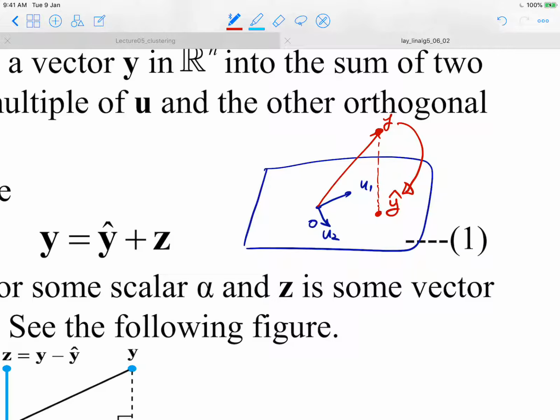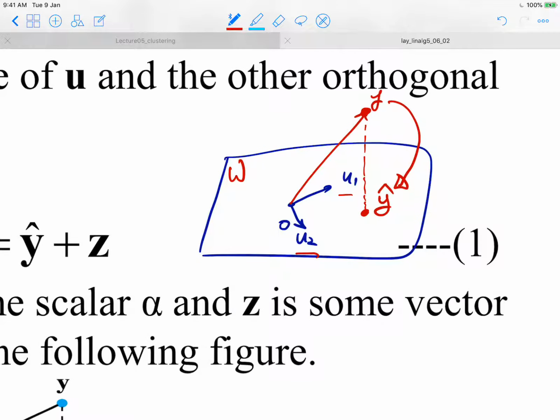We are initially given the subspace W spanned by U1 and U2, and our projection line should be perpendicular to any vector in our W. So in this case, it is perpendicular, so the angle is always 90 degrees. You can imagine a really perpendicular line with respect to a flat plane.